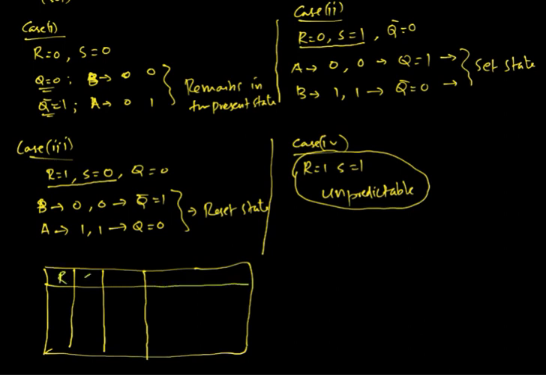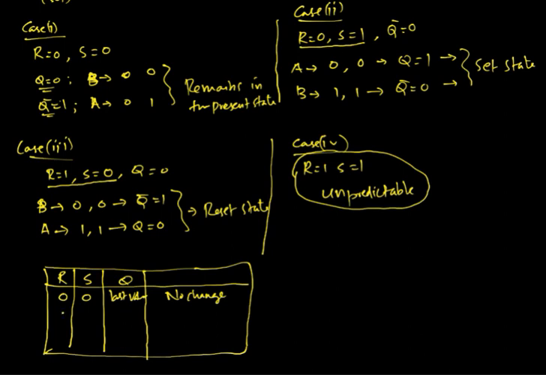When R is equal to 0, S is equal to 0, Q will be the last value, or it remains the same. Actually, the action of the flip-flop circuit is no change in the output level.